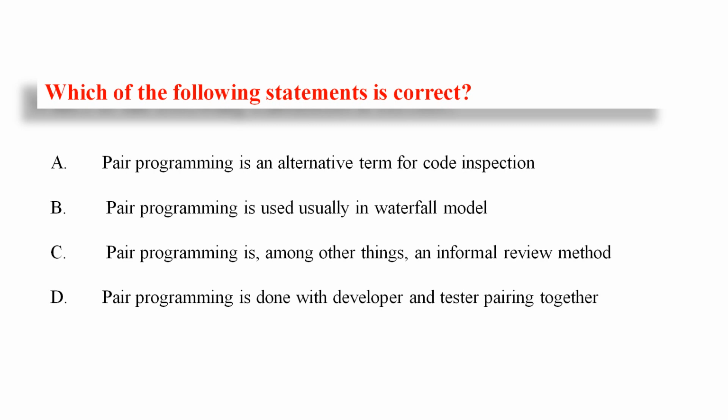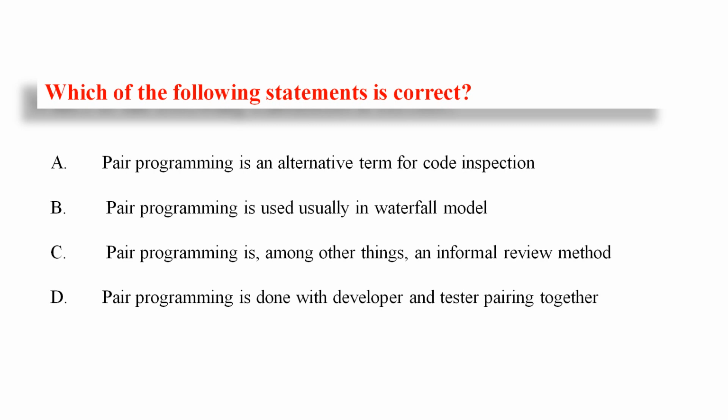Pair means two. So pair programming is nothing but two software developers working together on one task. For example, on one requirement, these two software developers will work together at a time. One developer will start coding. The other developer will review that code.